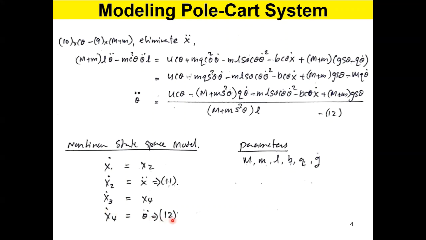And for that, we have this equation 12. Okay, and the parameters of the plant are mass of the cart, mass of the pendulum, the pole length, then drag coefficient, friction coefficient, gravity, etc.